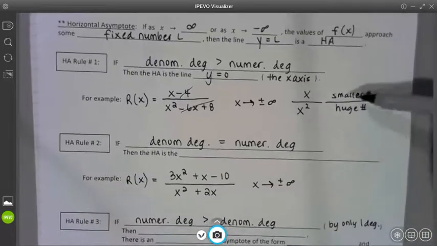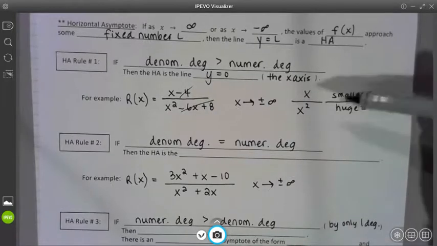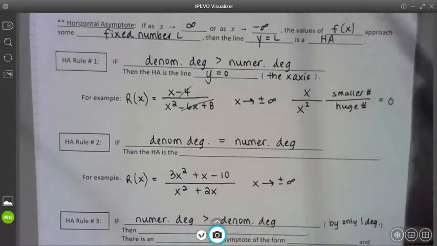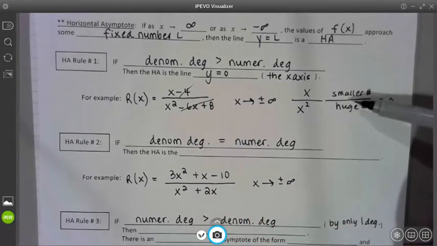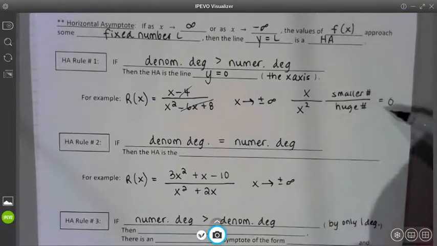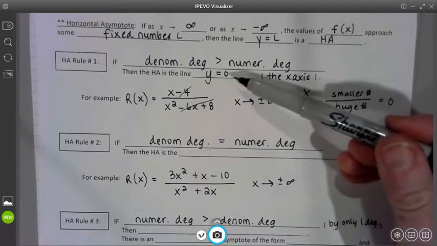Test it out. Take 1 and divide it by a million. It's going to be really, really close to 0. So if the denominator degree is bigger than the numerator's degree, then you're taking a smaller number and dividing it by a huge number as x gets really, really large. So the y value is always going to head towards 0. So the HA will always be the line y equals 0.